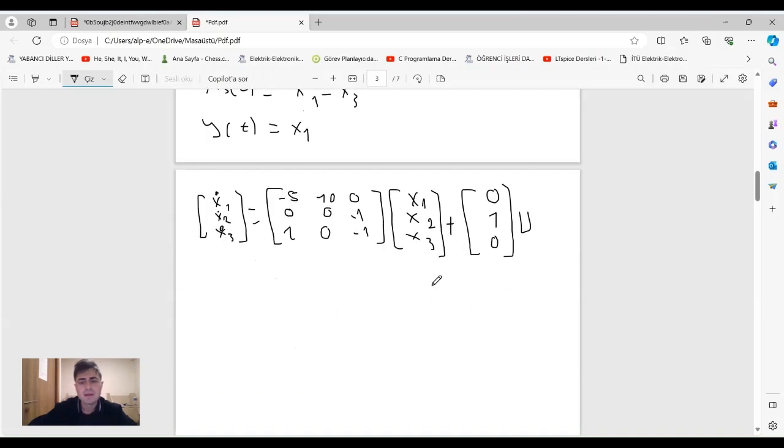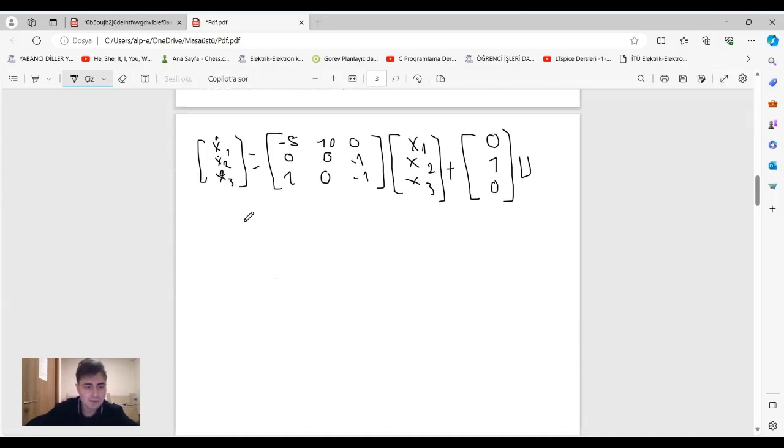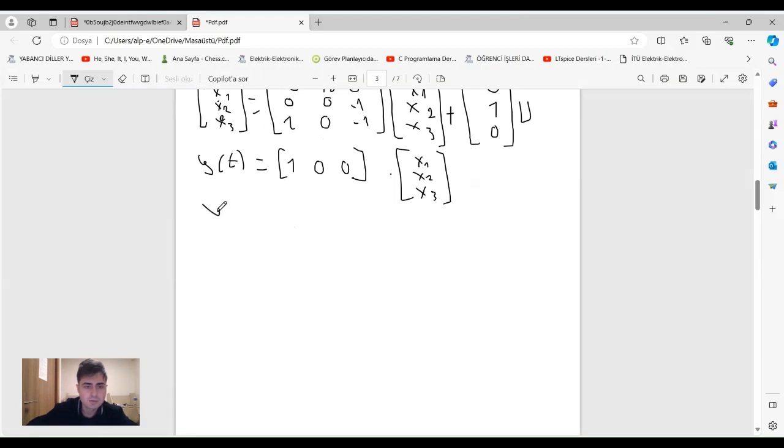Actually this is it, but I can write something like y(t) equal to 1 0 0 times x1 x2 and x3, plus 0 times u(t).